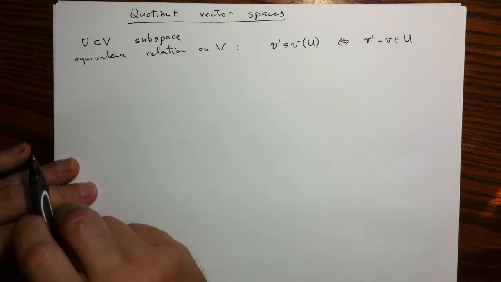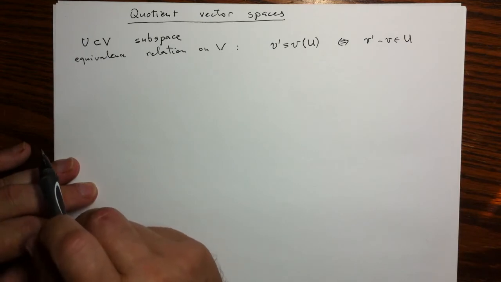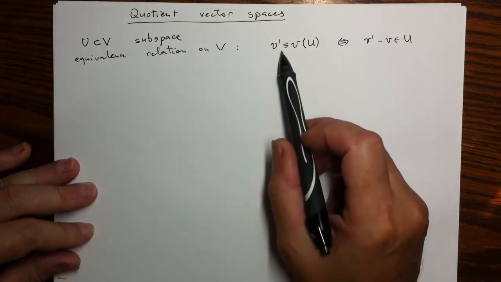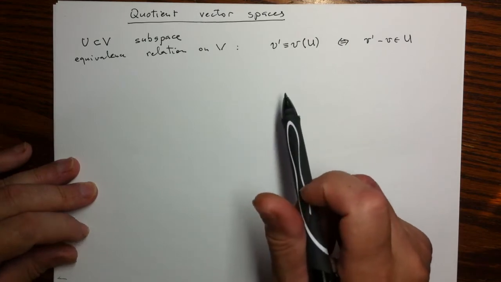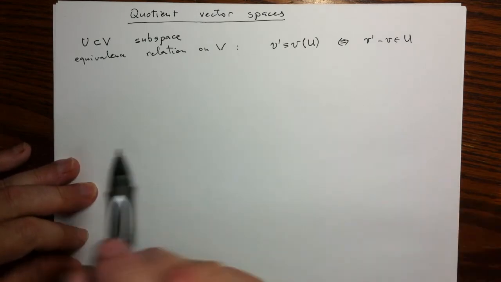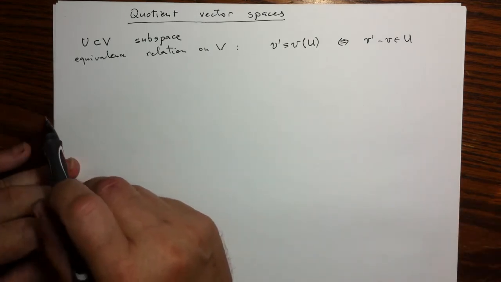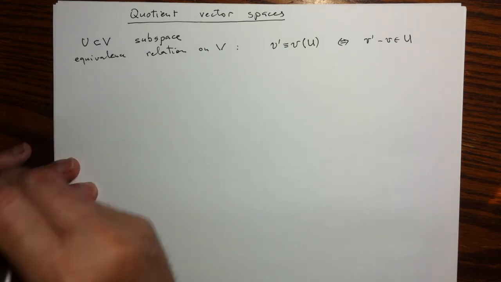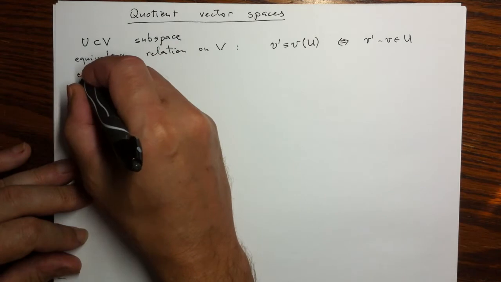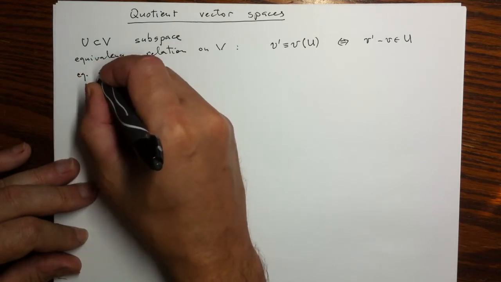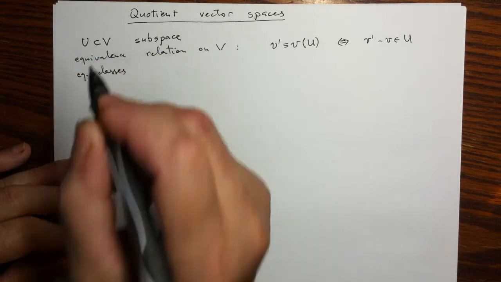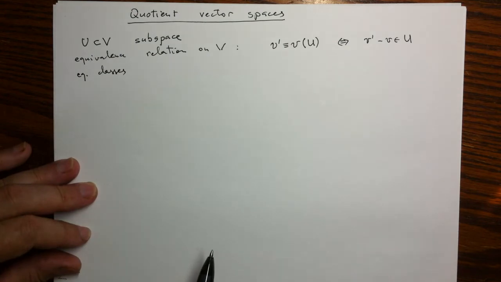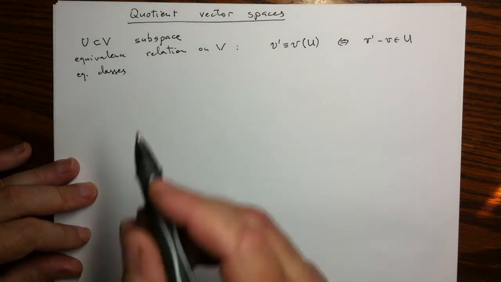So that is the definition. Of course, one has to check that this relation is indeed an equivalence relation. But that is straightforward, follows from the properties of a subspace, and is delegated to you. Equivalence classes become a way of separating the vector space into a disjoint union of subsets.